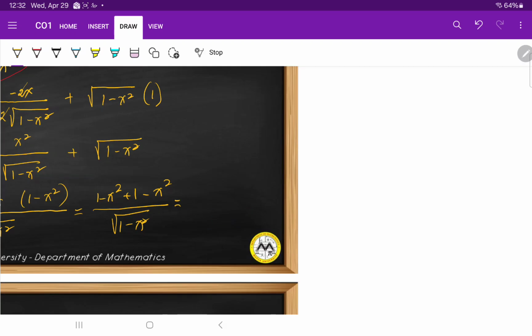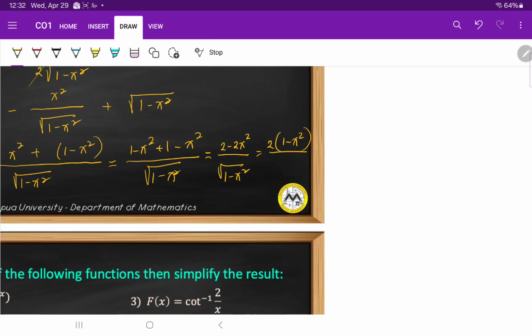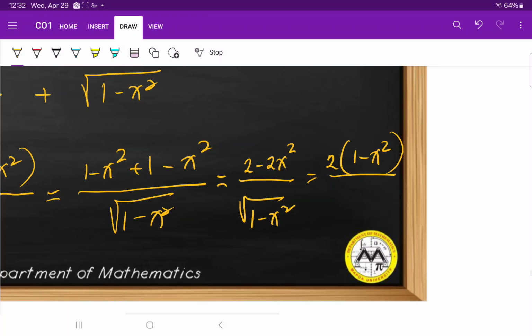So this is 2 minus 2x squared over the square root of 1 minus x squared. Now we factor out 2. So this is 1 minus x squared. If we factor out 2, it's 1 minus x squared over the square root of 1 minus x squared.